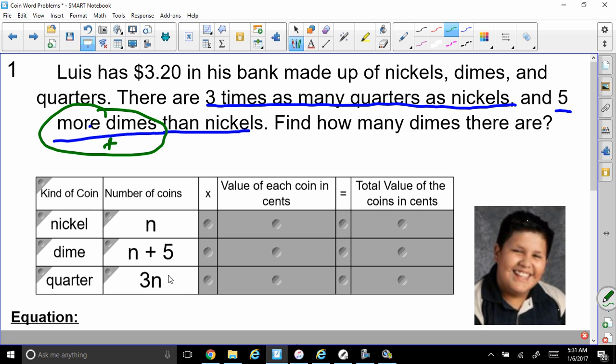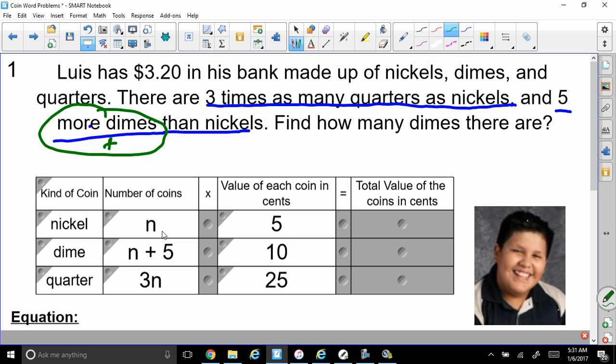So here's my representation of these coins. I know that a nickel is worth 5 cents, a dime is worth 10 cents, and a quarter is worth 25 cents. Notice I removed all the decimal points because I'm talking cents. I'm going to multiply the number of coins times the value of each coin to give me a total value.